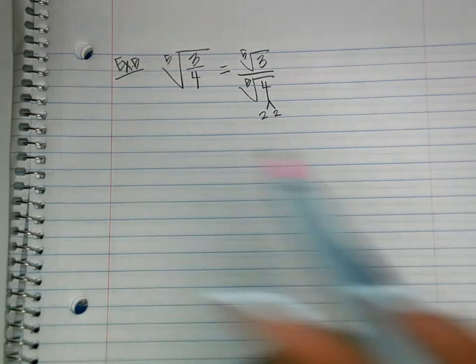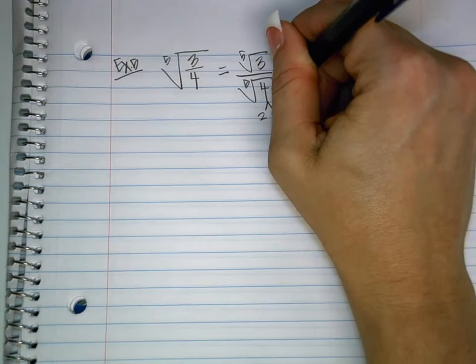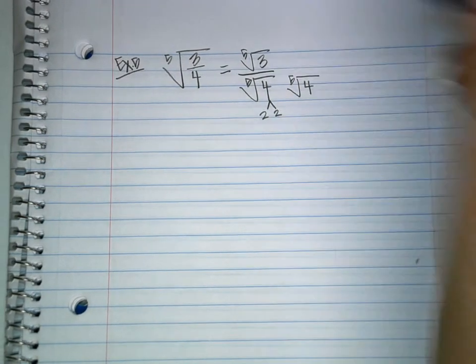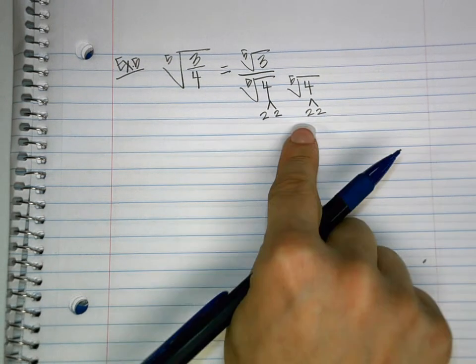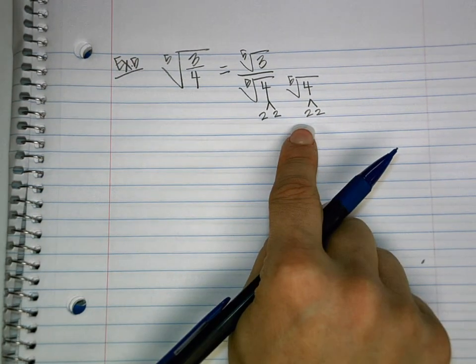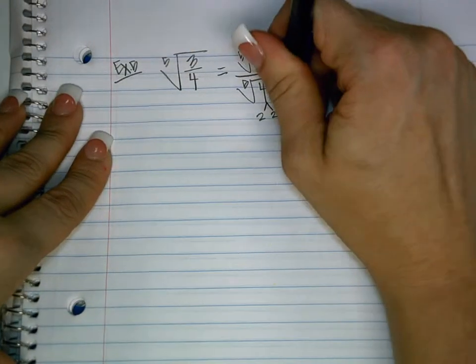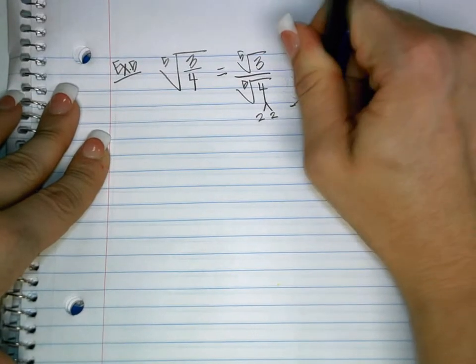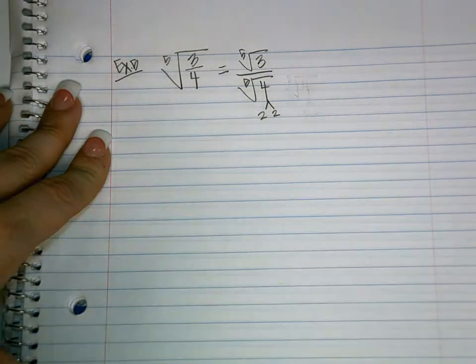Root 4. If I just multiply by a root 4, okay, don't write this down, then I'll have 4 identical things, but I can't take anything out yet, right? So what do I have to multiply by? I can't just multiply by the same thing. If I have 2 identical things, how many more do I need to get out from under the radical? I need 3 more.